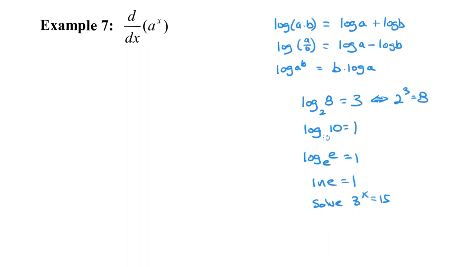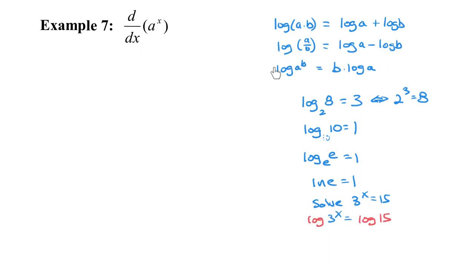So you have to solve for a variable in the exponent location. With logarithms, it makes it real easy because we have this rule here. So if we were going to do this one, we could just take the log of each side. So you have the log of 3 to the x equals the log of 15.